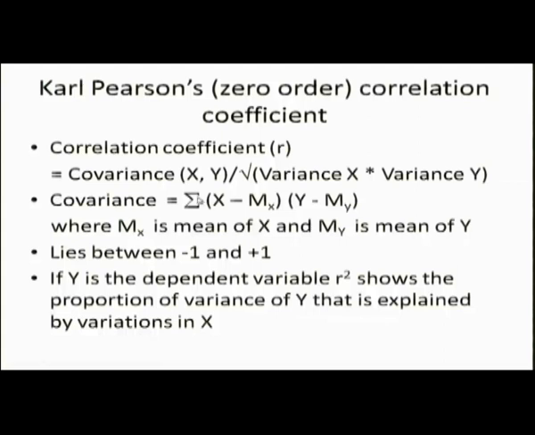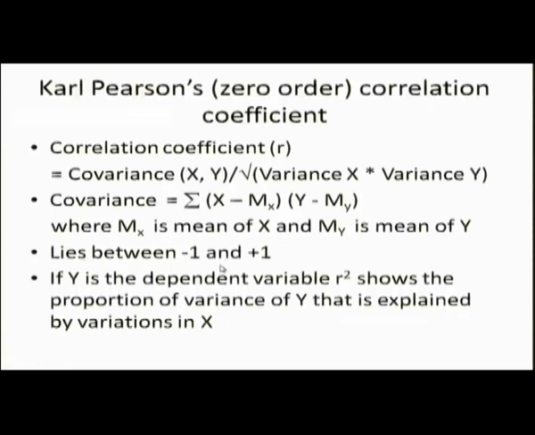The major contribution to covariance comes from here, and this is actually the indicator of whether X and Y go together or not. But if you are asked to calculate covariance, you must calculate it as sigma (x minus mx)(y minus my) divided by n, or the total number of cases.